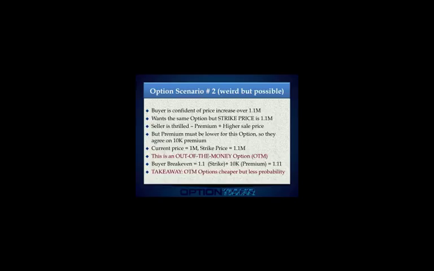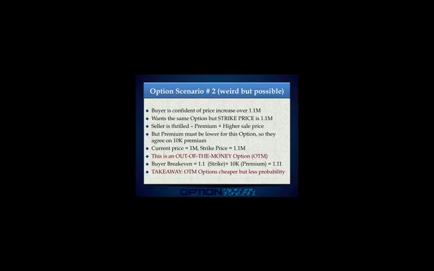But obviously, he cannot expect a premium of $25,000 for this option, because this option is out of the money. The buyer is taking additional risk because now the price has to climb to at least $1.1 million plus the premium he pays for this option for him to break even.